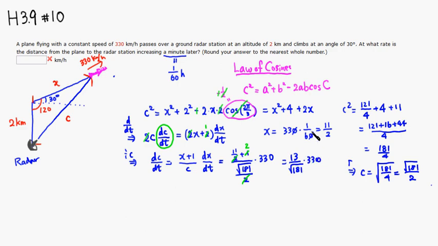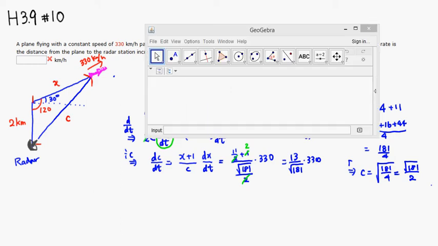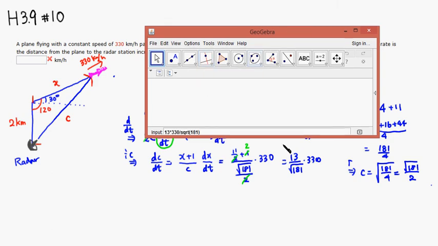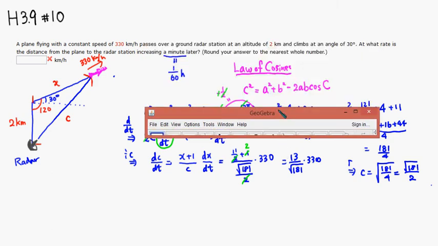Let's compute that number. The value we're looking for is 13 times 330 divided by the square root of 181. And what's the precision they want? To the nearest whole number.